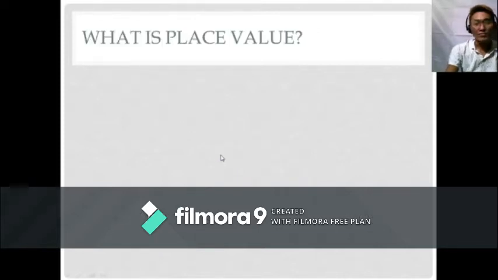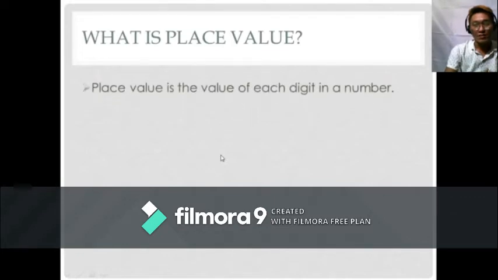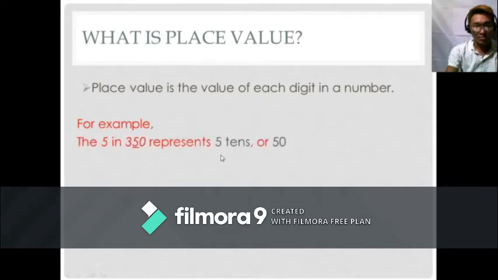Now what is the meaning of place value, or what is place value? The place value is the value of each digit in a number. I have here some examples. The 5 in 350 represents 5 tens or 50.